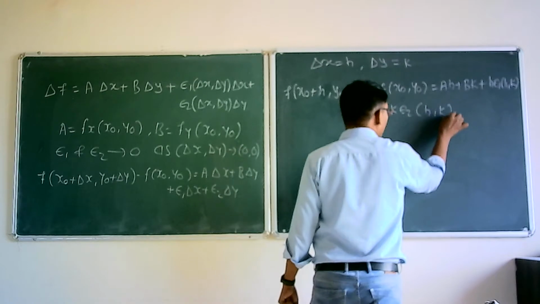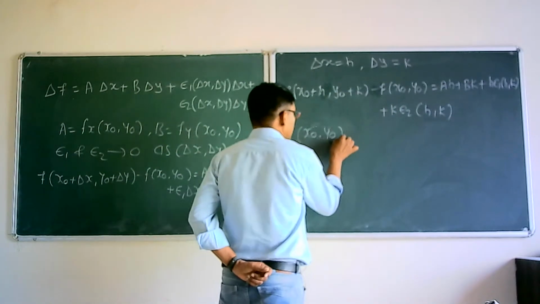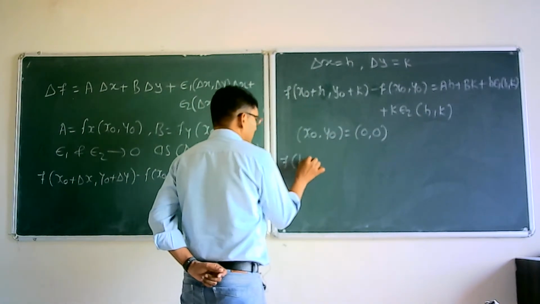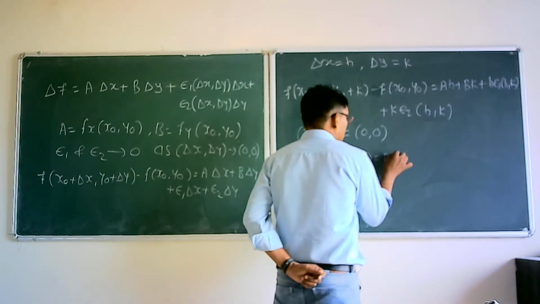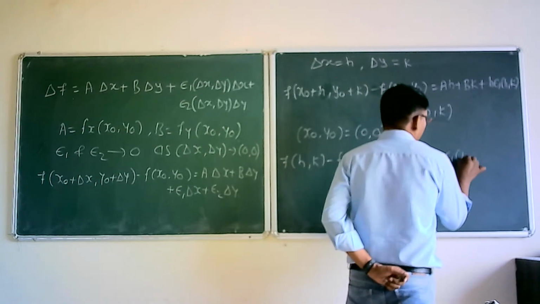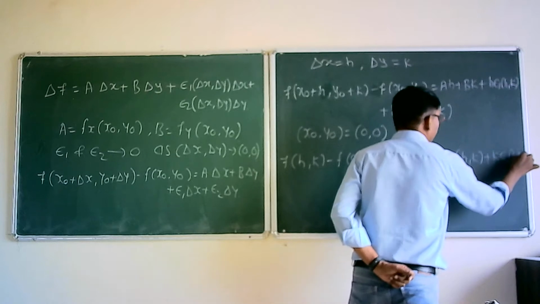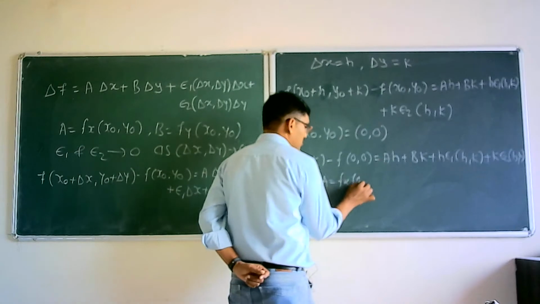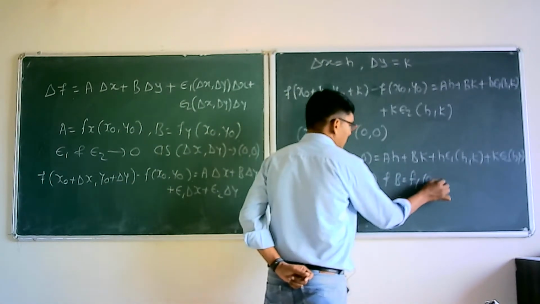In particular, if you want to check differentiability at point x0, y0 equal to 0, 0, then you have to express your increment function, that is f of hk minus f of 0, 0 as ah plus bk plus h epsilon 1 hk plus k epsilon 2 hk, where a is equal to f of x at 0, 0 and b is equal to f of y at 0, 0.